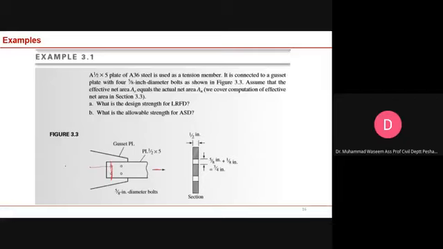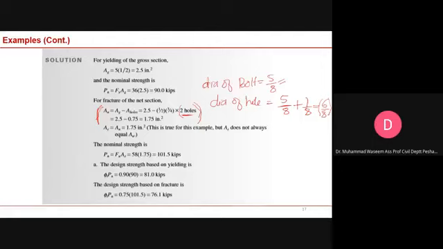So the fracture part will be crossed by 2 holes, okay? That's why you have these 2 holes, which are subtracted from the gross area. So in this way, you can calculate the net area.